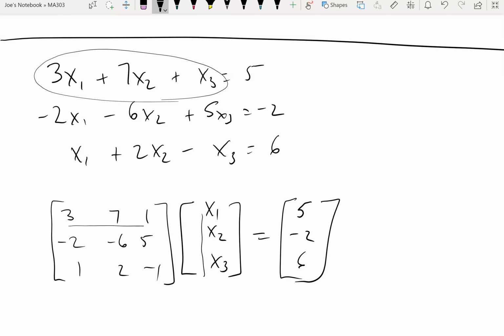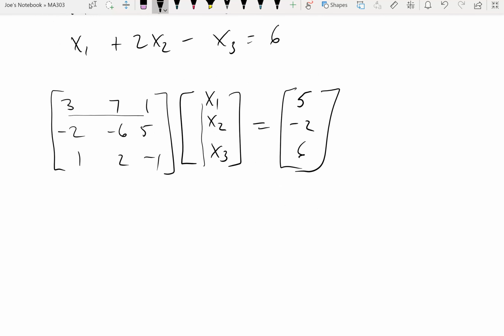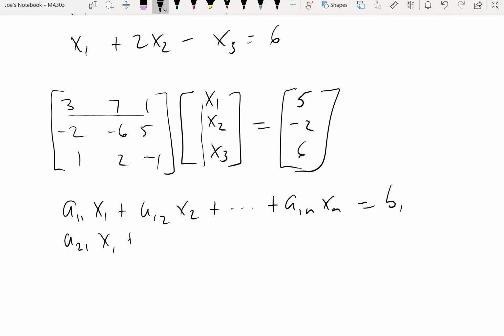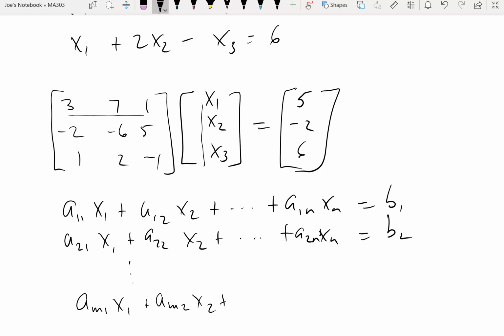So in general, if you've got A11x1, A12x2, through A1n xn equals B1, and then we have a second equation. This is our standard way that we wrote just a general system of linear equations before.